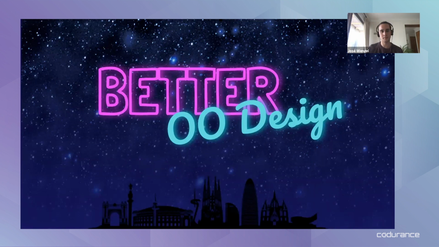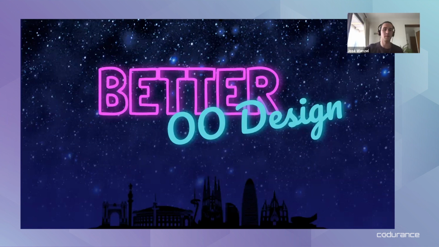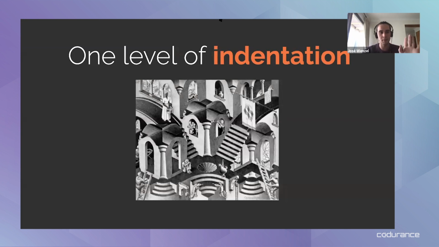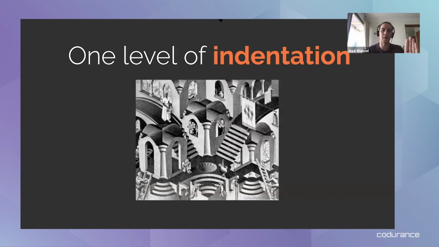So from this list, what are the main steps or techniques you apply most in your day-to-day? So from the list, the first one is very simple, and I do it all the time, because it helps me identify when I have to extract a method.